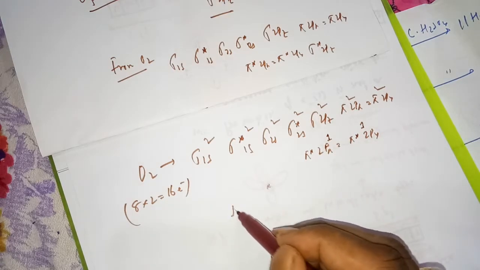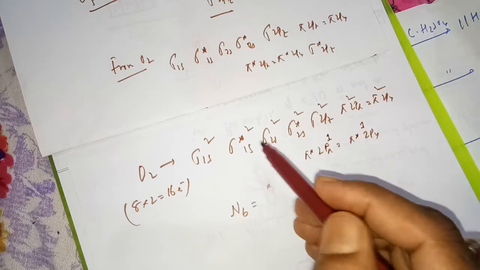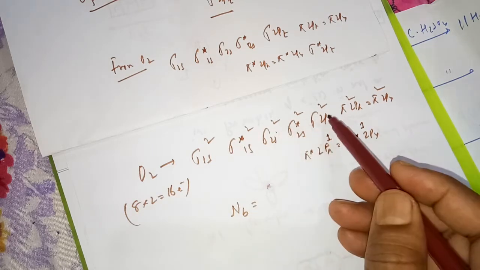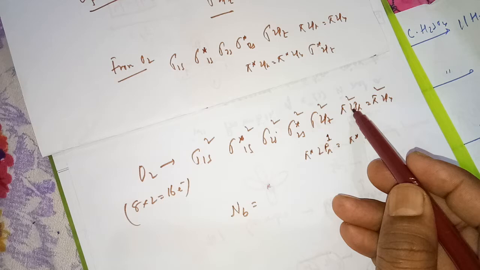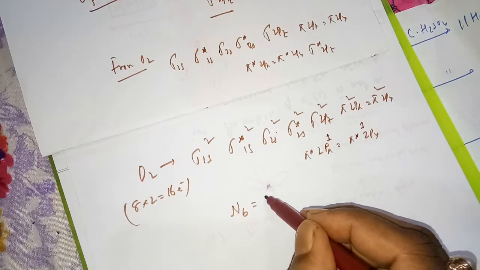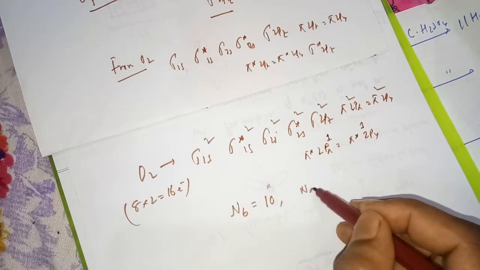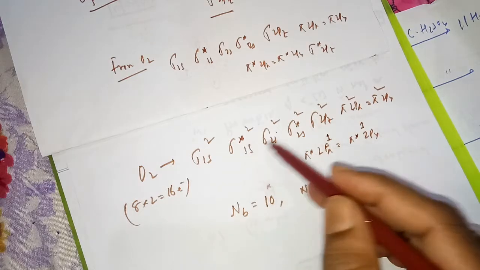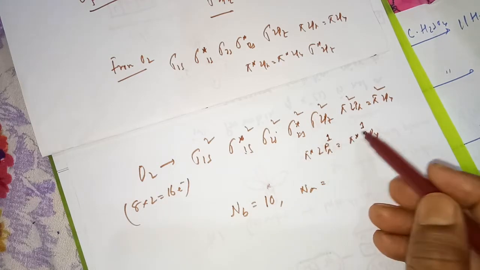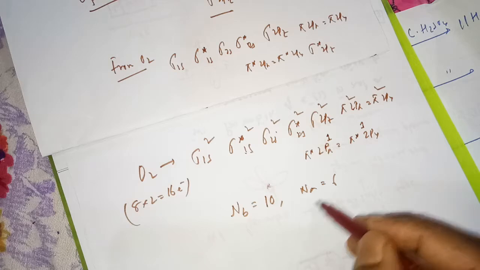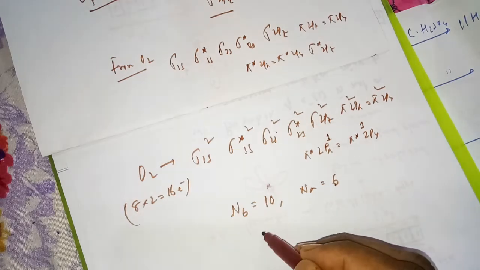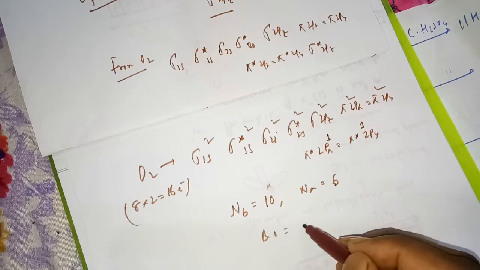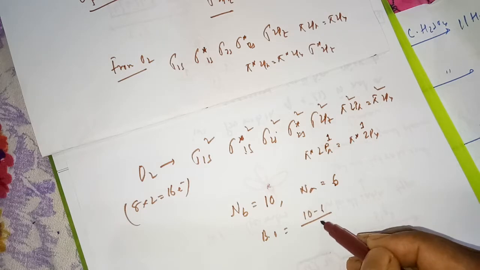So the number of bonding electrons you count: 2 plus 2 is 4, plus 2 is 6, 7, 8, 9, 10. The number of bonding electrons is 10. The number of antibonding electrons: 2 plus 2 is 4, 5, 6. So antibonding electrons are 6. Your bond order is what? 10 minus 6 by 2.